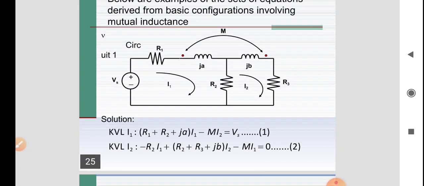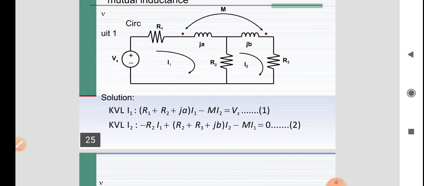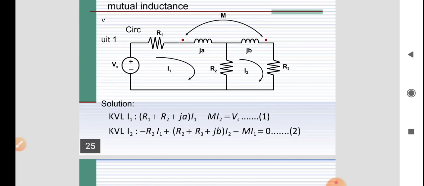In this case, if we observe, it consists of two loops, the first loop and the second loop. In the first loop we have the current I1, and in the second loop we have the current I2. Please try to see this circuit. If you are able to write the expression, you can easily solve the unknown currents using the concept of dot convention.